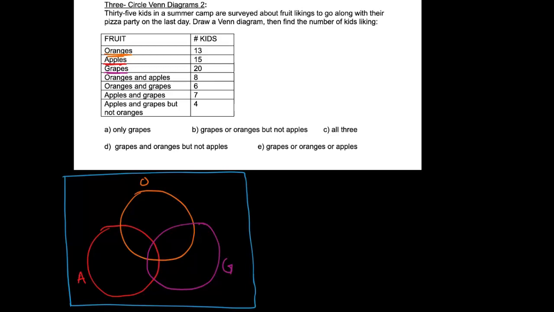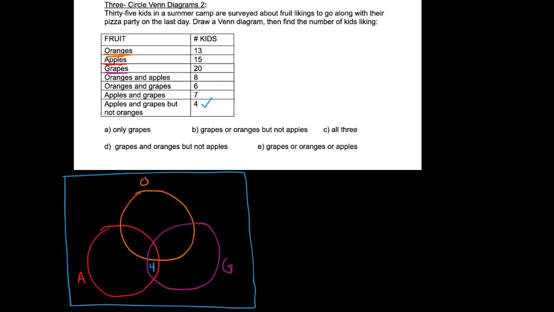So apples and grapes, meaning it has to be in both circles, but not oranges. So apples and grapes would be this section right here, but we don't want it to be in oranges. So that I can actually put right here. So those 4 kids fit right here in the Venn diagram. So apples and grapes, but not oranges, so outside of the orange circle.